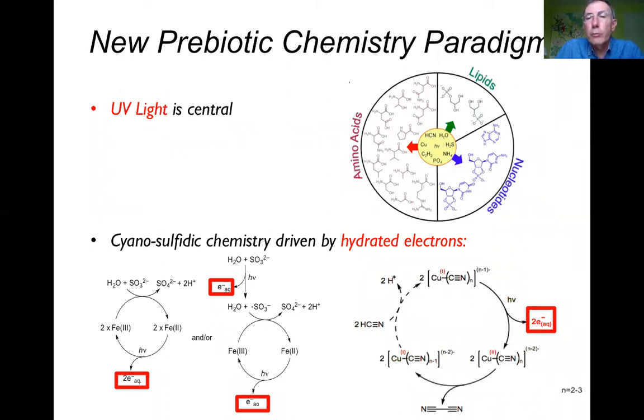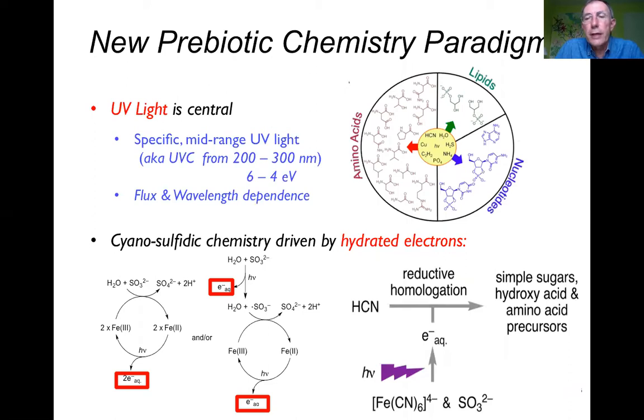Or both cycles can work together. In fact, copper cyanide and ferrocyanide at certain natural planetary conditions can coexist. And there is no problem if they both provide those hydrated electrons.